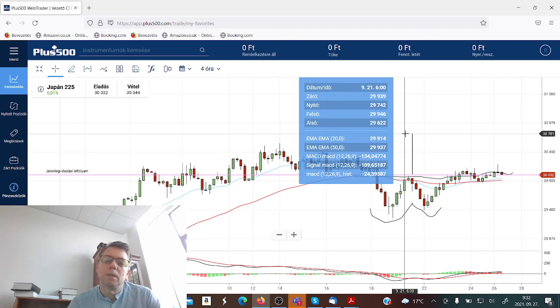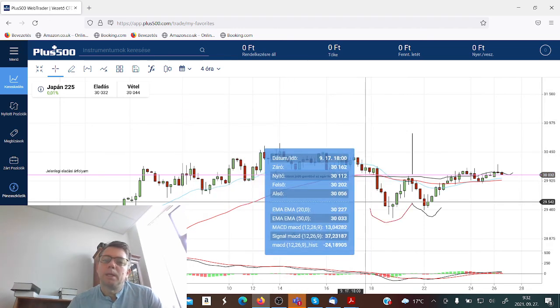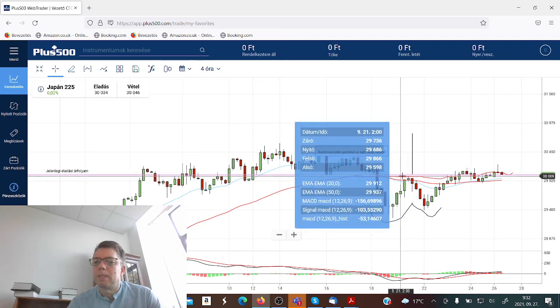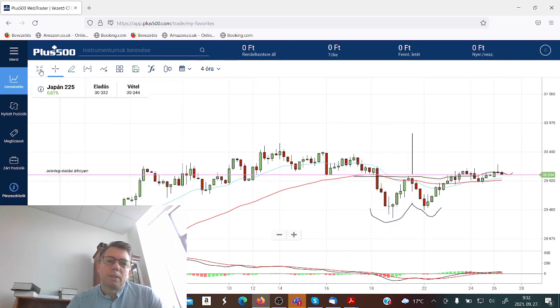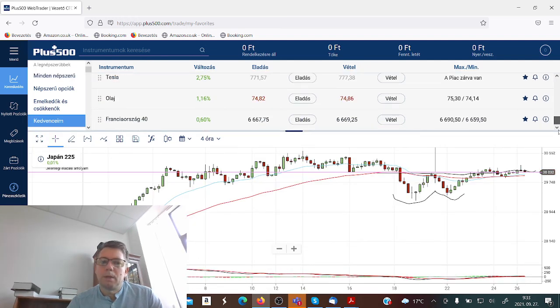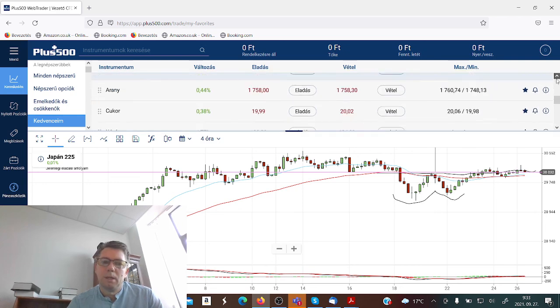So 3700 is a nice area if it plays out, and we are right now playing around this neckline. So that's the Japanese index.